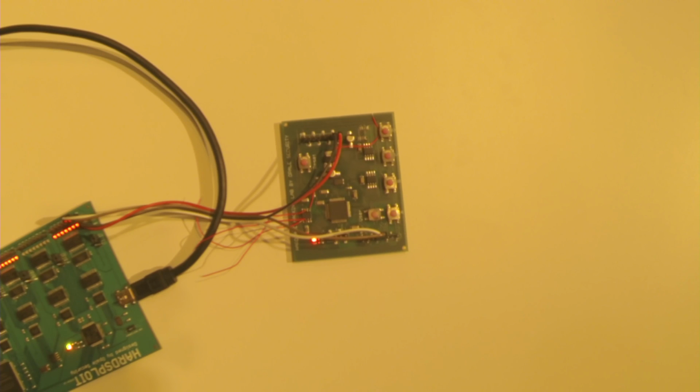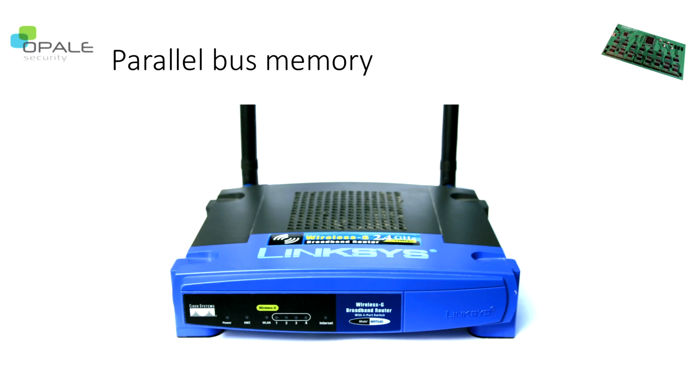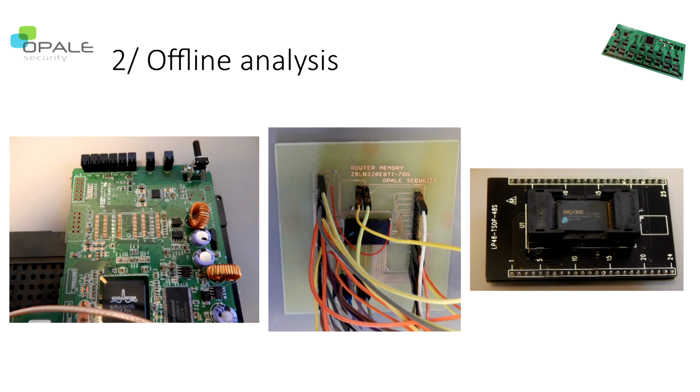Thank you. You can have a lot of fun. Here is a well-known router, a Linksys router. You open it and fingerprint it. We see that we have memory using the parallel bus, and it's always the same thing.